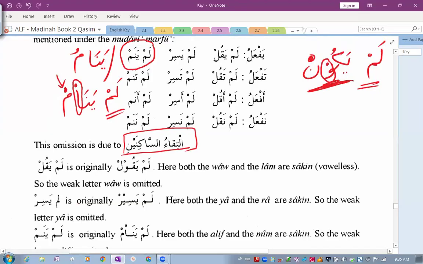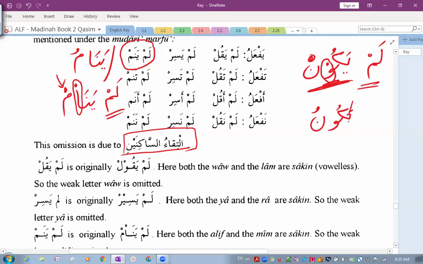Also, we will see that the same changes will take place when we make fi'l amr. So for example, kana yakunu, we want to make fi'l amr. We want to ask somebody to be. So we take takunu, right? We want to make fi'l amr, so what do we do?